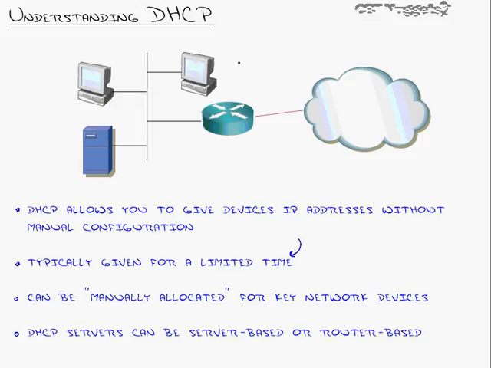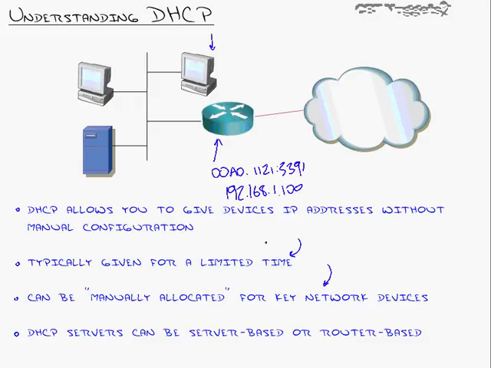That gives you the benefit of, if you shut a computer down and take it off the network to some other network, it doesn't steal that IP address permanently. Likewise, you can have it manually allocated from a DHCP server. That's why I'm saying manually allocated, meaning I can go to a DHCP server, which could be my router, and say, when you see a device come in with the MAC address 00A011213391, when that device comes and asks you for an IP address, make sure you always give them 192.168.1.100.